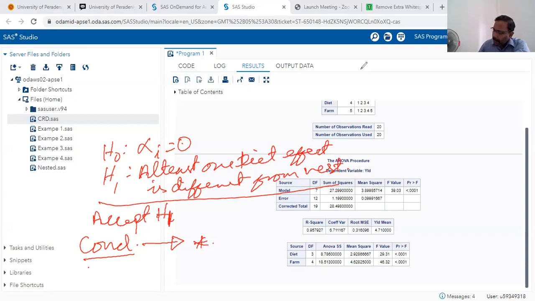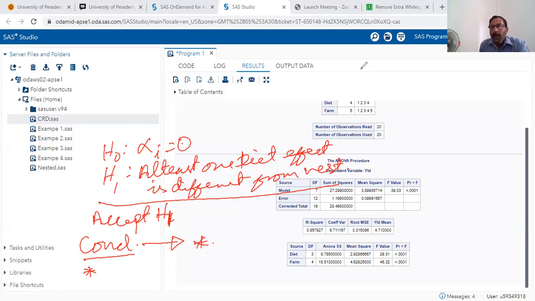Then the other way we can say it: at least one diet has different yield. What yield? Milk yield. At least one diet shows different milk yield compared to the rest of the diet.